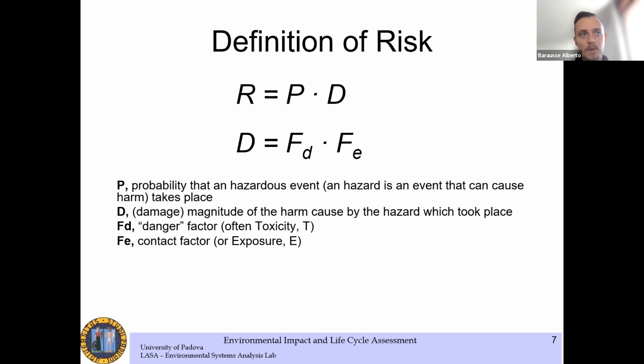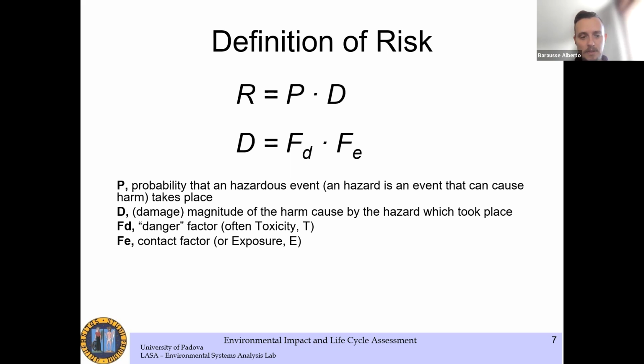Of course, the spillover of a very toxic contaminant will have a different D compared to the spillover of a slightly toxic contaminant. So even if the probability is the same, the risk in the case of very toxic and slightly toxic contaminants is different.